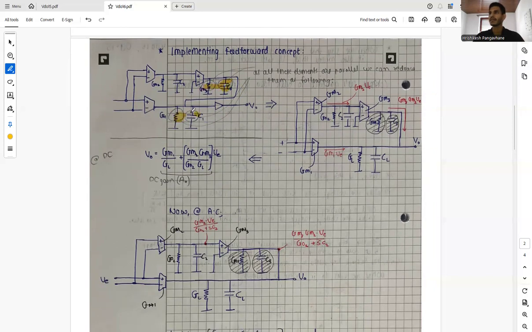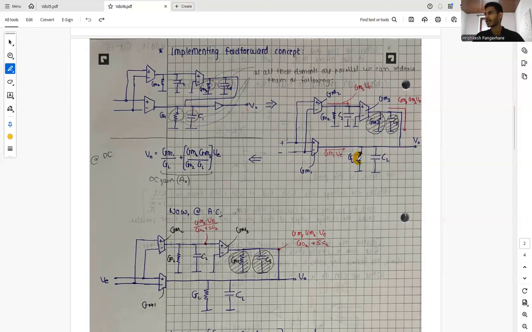Basically, all these elements are in parallel at this node, and hence we can redraw them as the following circuit, in which we replace them by GO1, GO3 and a load resistor, as well as C3, C1 and the load capacitor.